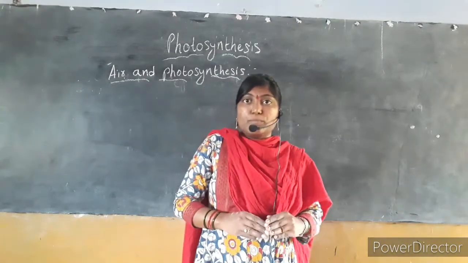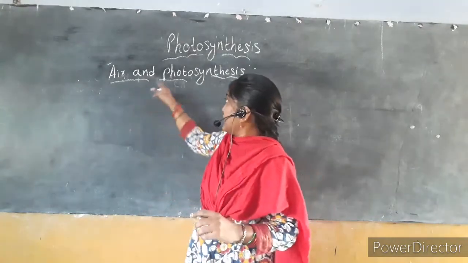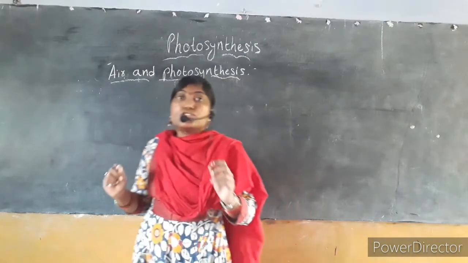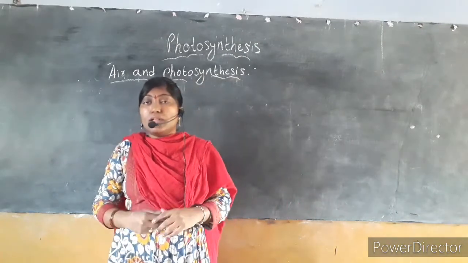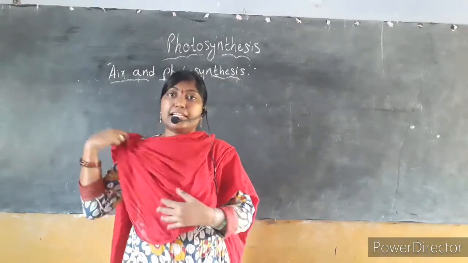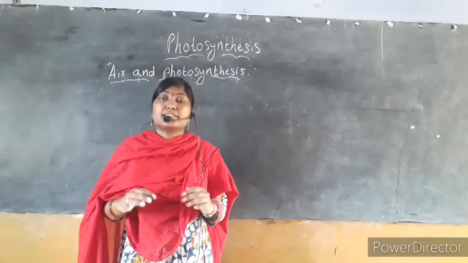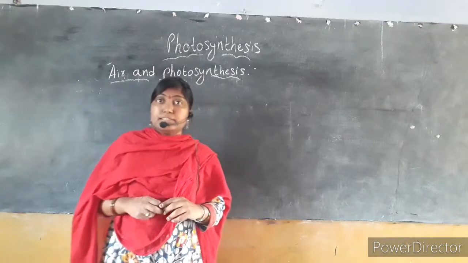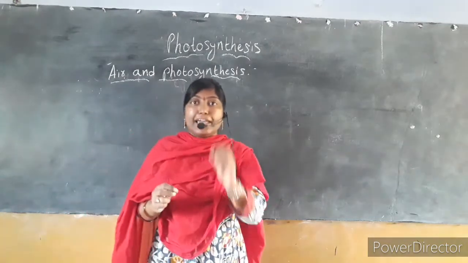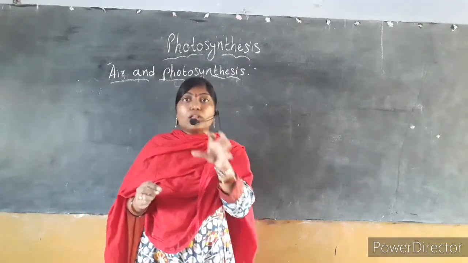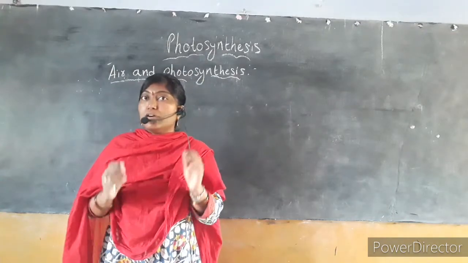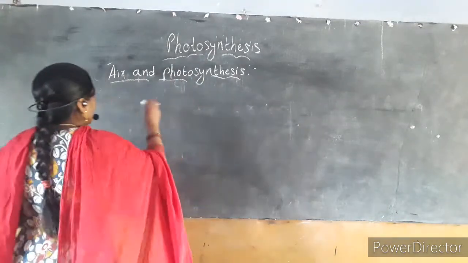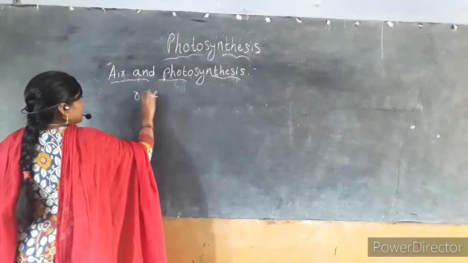Now we'll discuss another topic, air and photosynthesis. In the previous classes we learned some experiments related to photosynthesis. Now I'm going to explain one experiment that will help you understand the role of air in the process of photosynthesis.